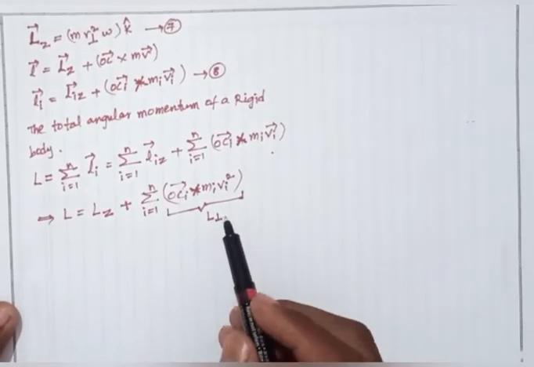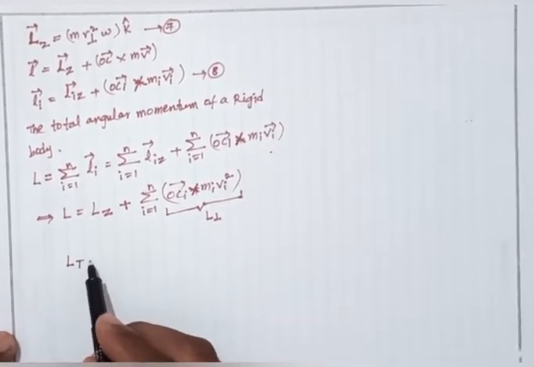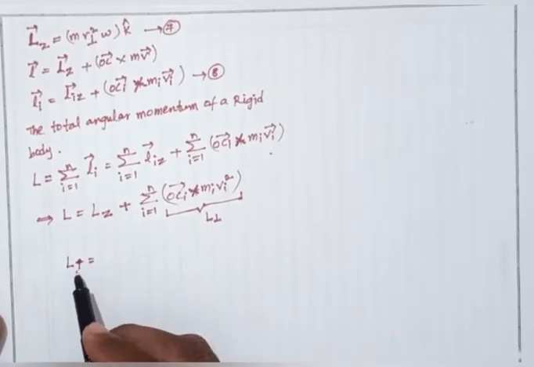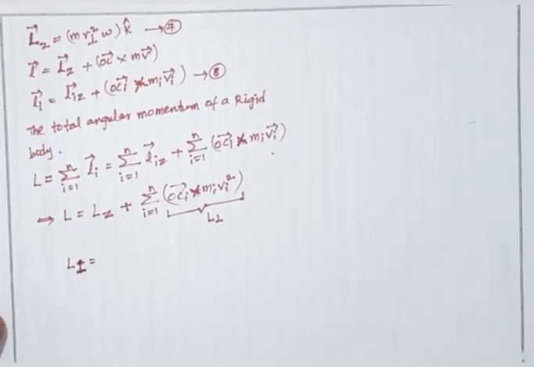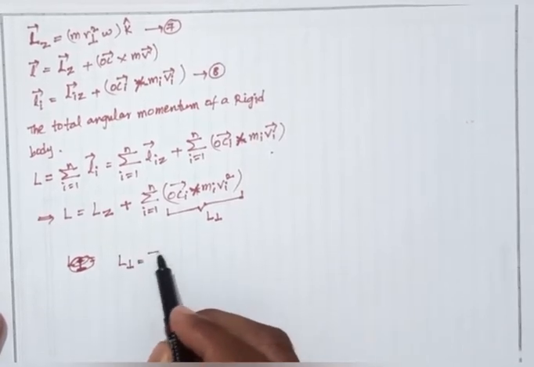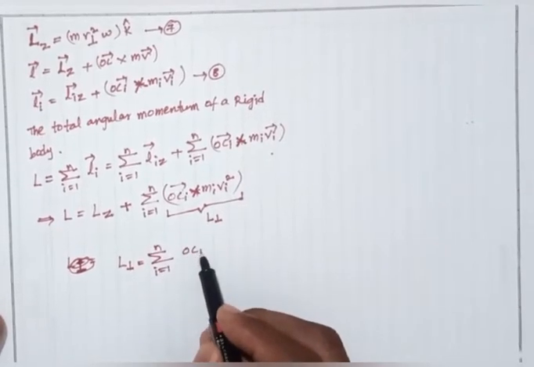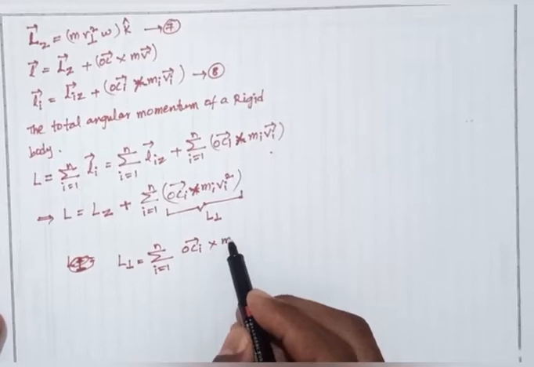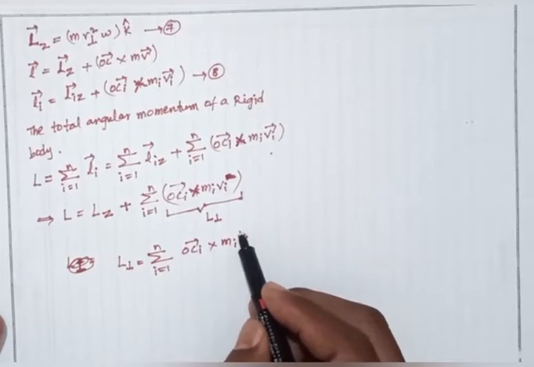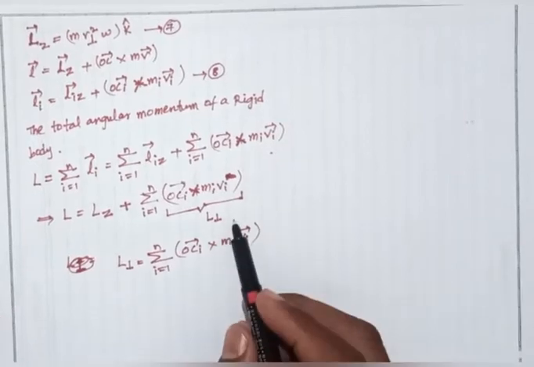So L perpendicular, the total angular momentum of the perpendicular part, equals the summation over i equals 1 to n of OC_i bar cross m_i v_i bar.